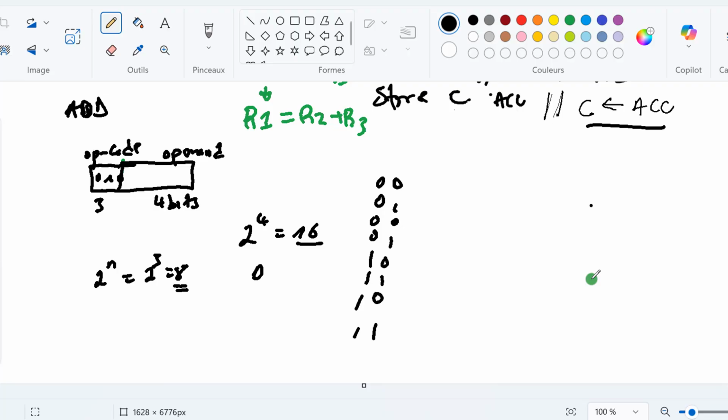Then 0, 0, 1, 1, 0, 0, 1, 1. If you count this in total, you have how many? 1, 2, 3, 4, 5, 6, 7, 8. So this is the total.